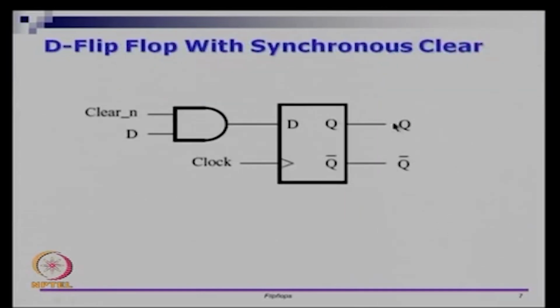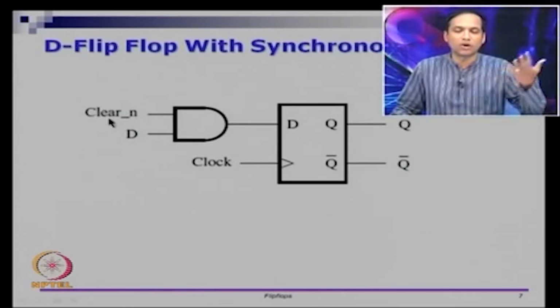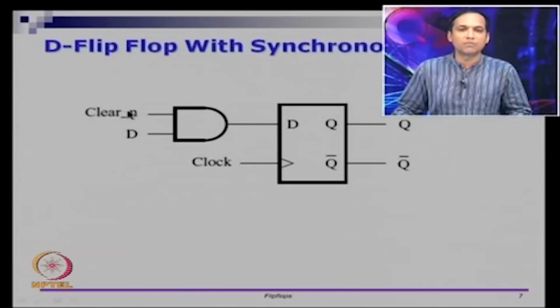You can make a D flip flop with synchronous clear: you take the D input and put clear bar as another input to an AND gate, and you give that to a regular D flip flop. When you do that, if clear bar is 0, which means clear is 1, so we want Q to be cleared, then this D input will be a 0, so if the clock samples it, Q will become 0. It completely masks the D value.